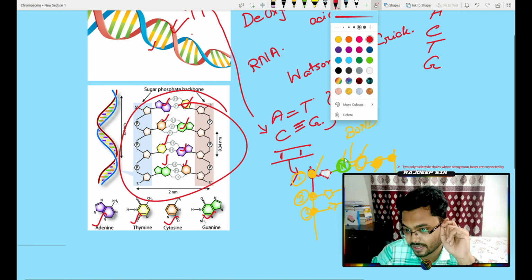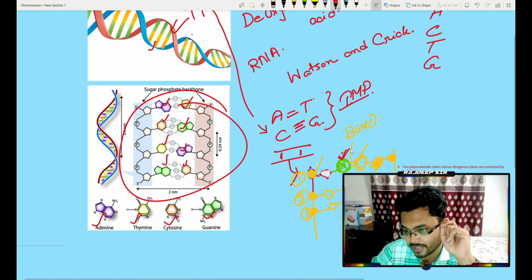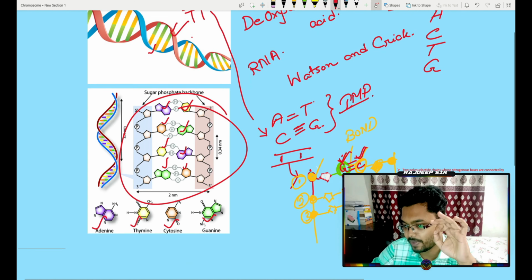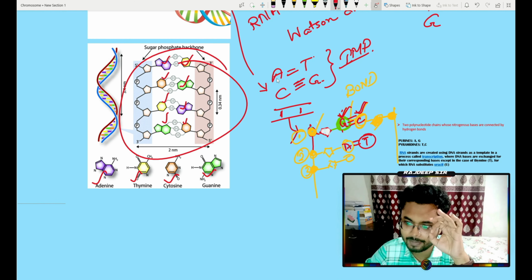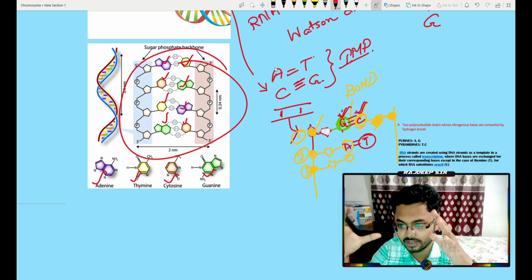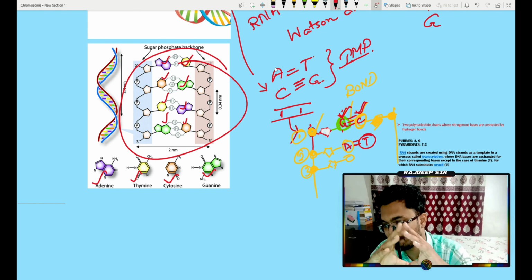If there is G or C, this will be a triple bond. If there is A or T, this will be a double bond. Clear? I hope it is clear to everyone. So this is the structure. These repetitions continue, and in this way the DNA takes its form.